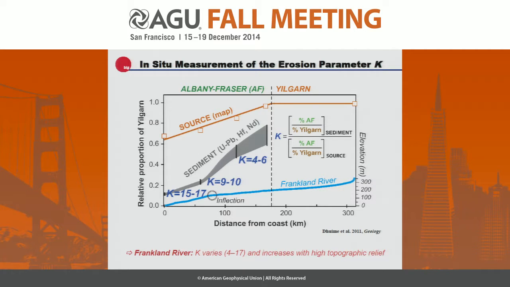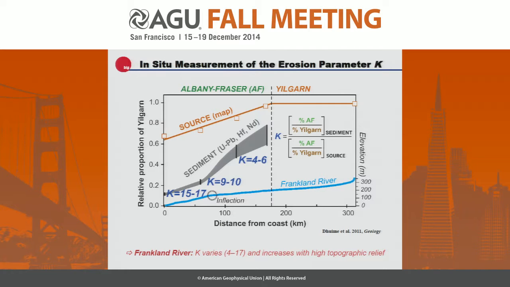And then using a combined approach with different isotope systems, so uranium-lead, hafnium, and neodymium isotopes, we were able to determine the proportion of the Eelgan in the sediment this time, and it's different from the source. So this is what you can see in that gray envelope curve, and the deviation only represents the difference between the two methods that we used.